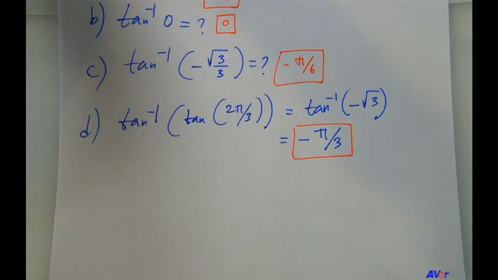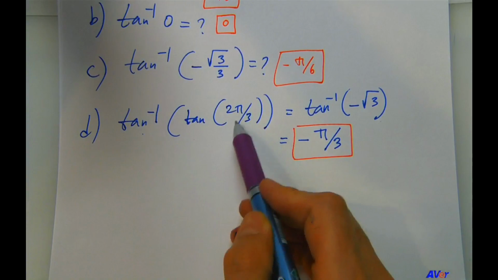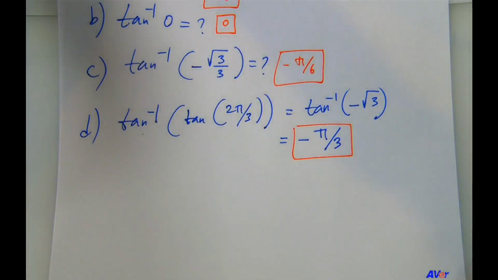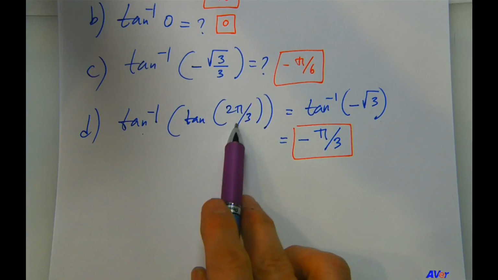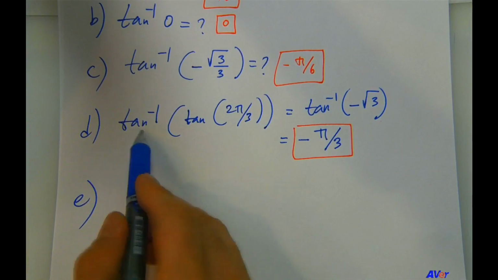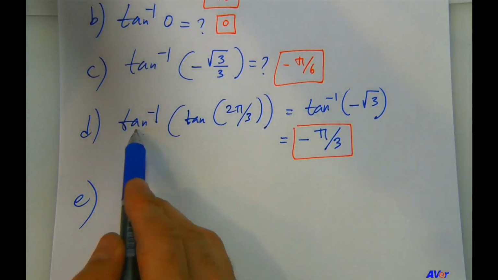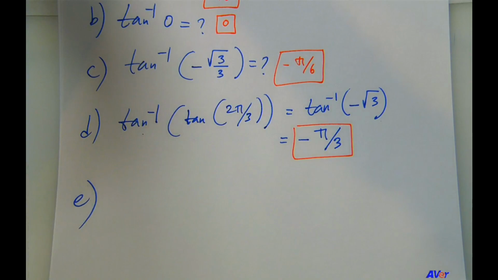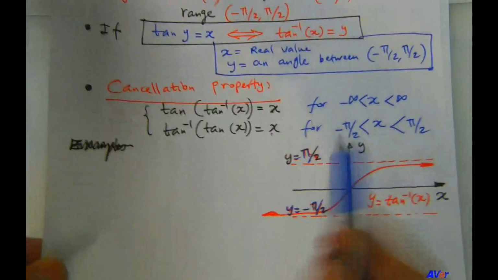So the point of this is that we can't go with this angle because it's outside of the range of negative pi over 2 to pi over 2. So we need to convert this to a reference angle that is between negative pi over 2 and pi over 2, and that's what we did here. Otherwise, we cannot use the cancellation property outside of this range.